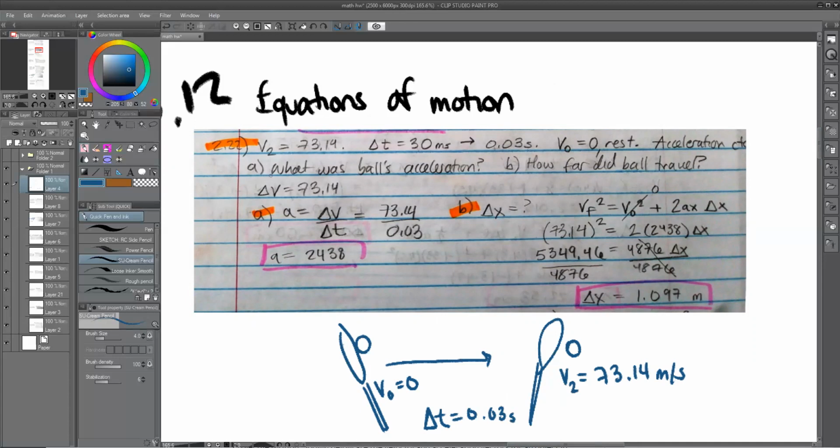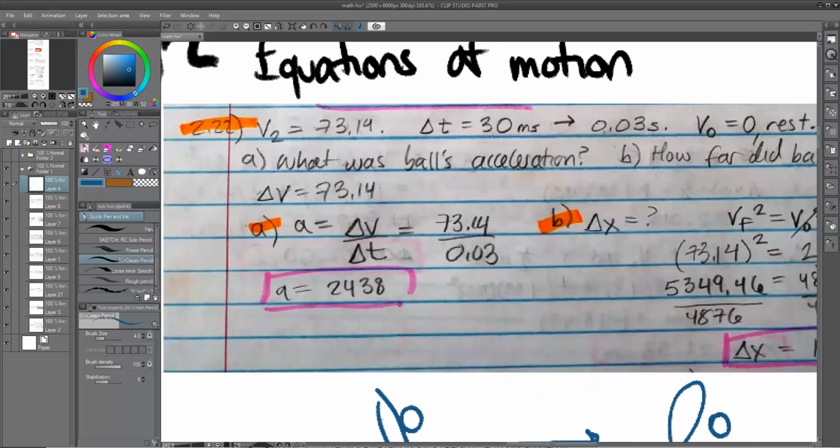So we're asking, what's the ball's acceleration? That's pretty easy. If it starts at 0, then the delta v is going to be the same value as the second velocity that we have. So the delta v is 73.14, because if you imagine it, it's minus 0, it's still going to be 73.14.